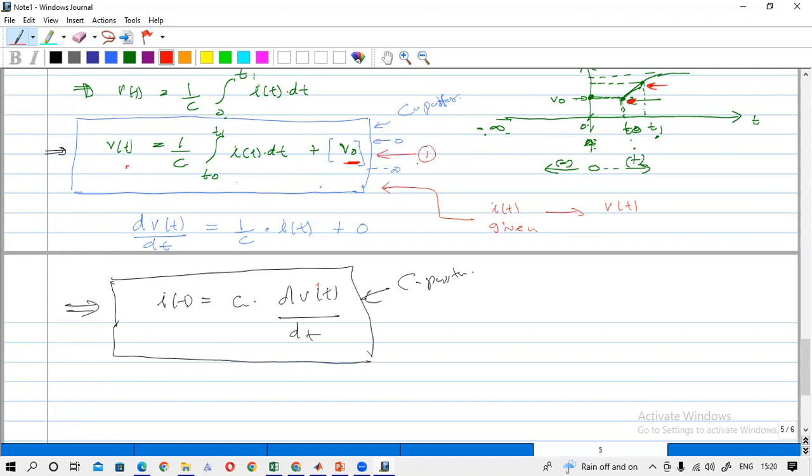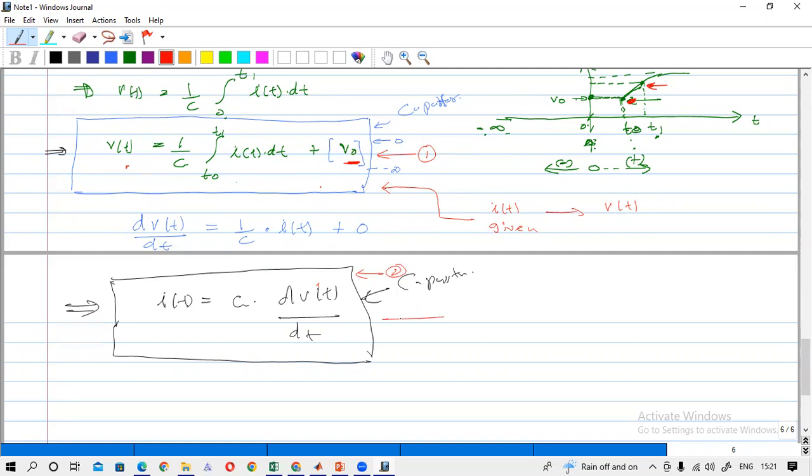Let's say that this is equation 1 and this is equation 2. At some point equation 1 may be easy, and at some point equation 2 may be easy. So we may have confusion about which equation we should use, the 1 or 2. Normally, if the current is given and you want to find the voltage, I use equation 1.